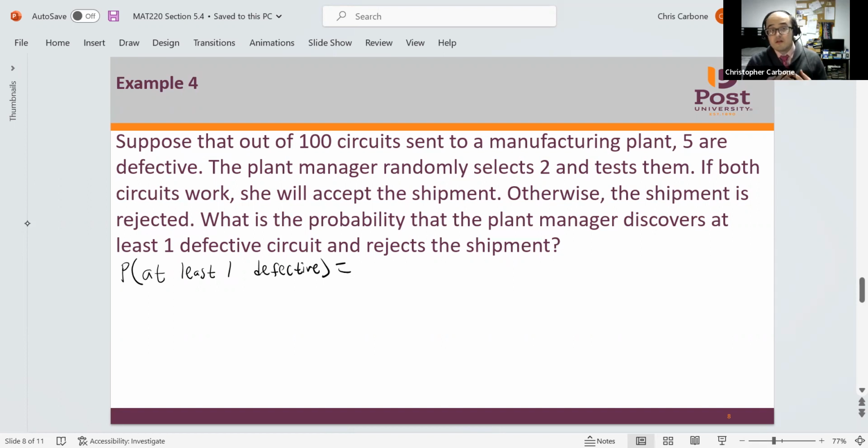Applying the complement rule, due to the at least in that statement, this is the same thing as 1 minus the probability of the complement. The complement to at least 1 being defective is less than 1 being defective, or 0 being defective. Or the other way to look at it is 1 minus the probability that neither of them are defective.